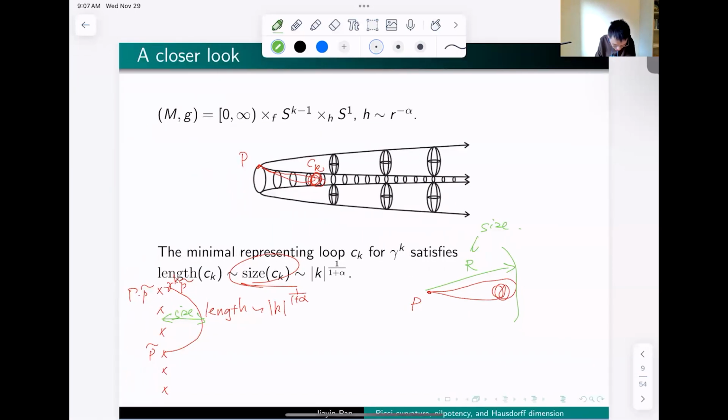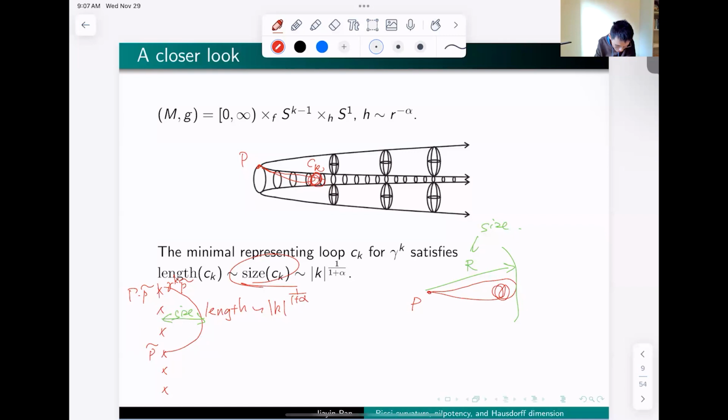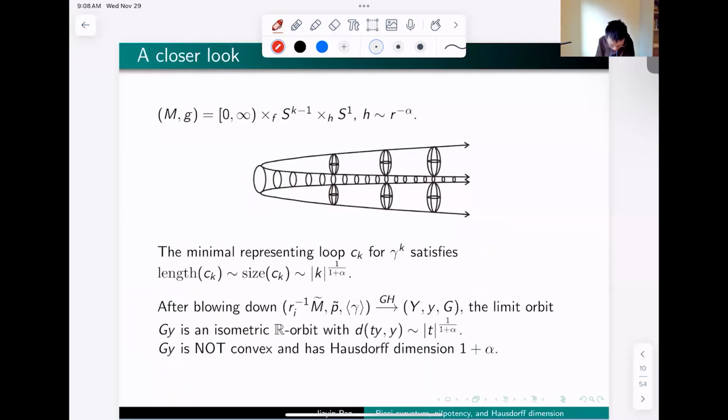Now, with this picture in mind, when you blow it down, these orbit points get closer and closer, and form in the limit an action. But the minimal geodesic is gonna keep staying away from your limit orbit. Yeah, so when you blow it down, you have this gy, that's the limit of gamma p tilde.